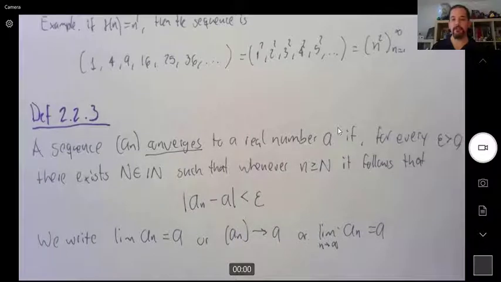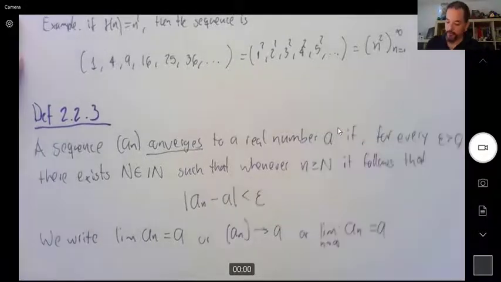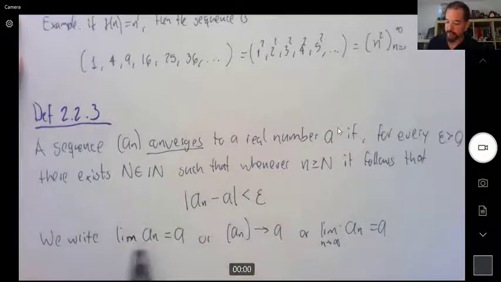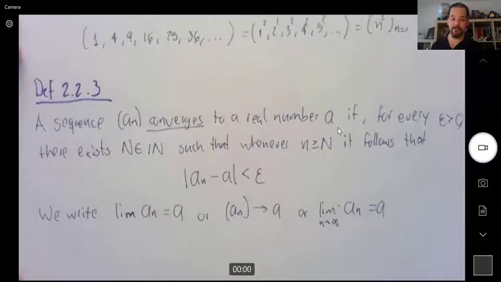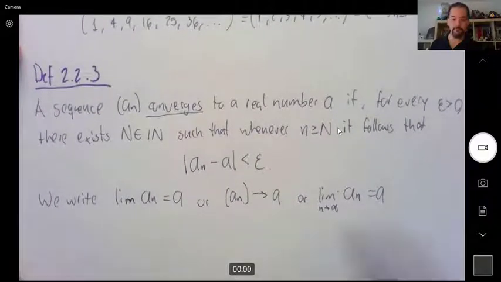If there is no need to have extra symbols, then we don't have extra symbols, so that everything is written in a nice, straightforward way. So our book actually writes lim a_n. It's clear because there's no other variable that it means n is getting bigger, when n goes to infinity. They don't necessarily write the n goes to infinity because it is superfluous. But if you want to write it, that's fine. There's not an issue there.